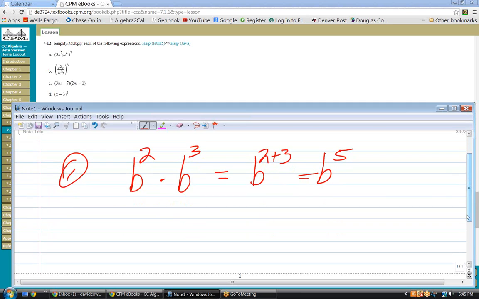Rule number 2 is if I'm dividing, and instead of putting numbers on them, I'm going to put letters on them. If I'm dividing the same base, I'm going to subtract the exponents. And if I'm doing something called exponentiation, where I take it to a power and take it to another power, like problem B, or even problem A, I multiply the exponents.